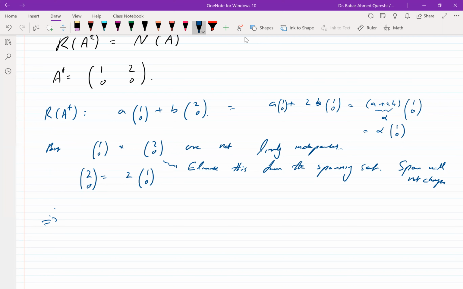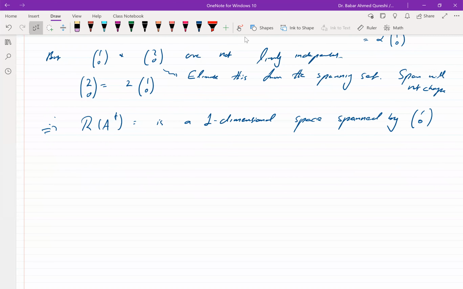So that means that this space is a one-dimensional space spanned by the unit vector 1 0.